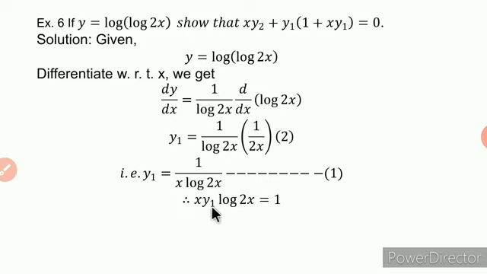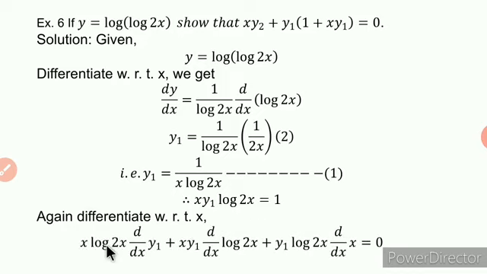Now in the LHS, to differentiate this, we use the product of three functions rule, and therefore again differentiating with respect to x, we get x into log 2x into d by dx of y1 plus x y1 into d by dx of log 2x plus y1 log 2x into d by dx of x is equal to 0, because derivative of 1 is 0. So in the RHS we get 0 here.